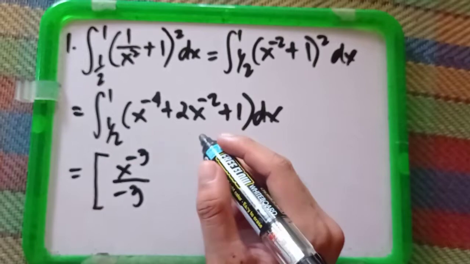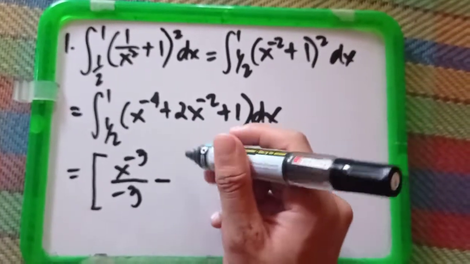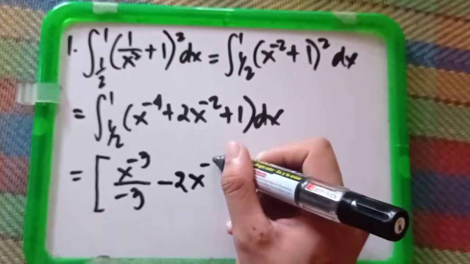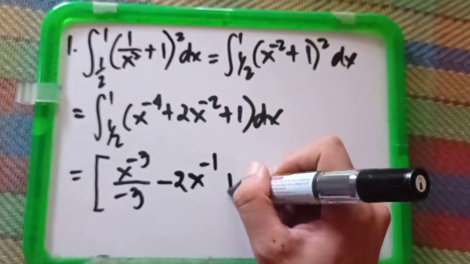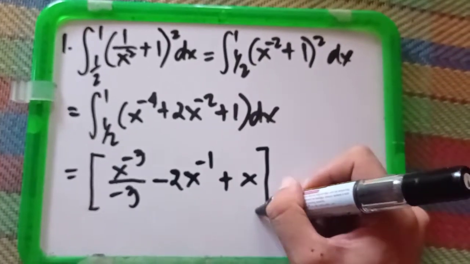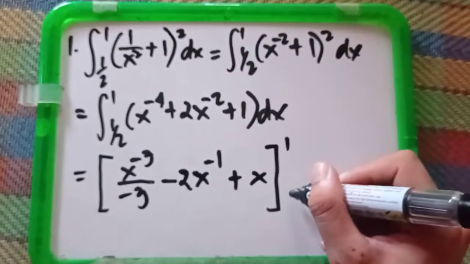So this will be, may minus pa dito, negative 2x raised to negative 1 plus x, close bracket, and then the upper and lower boundary.